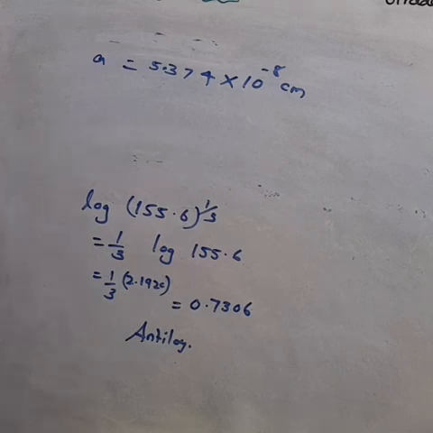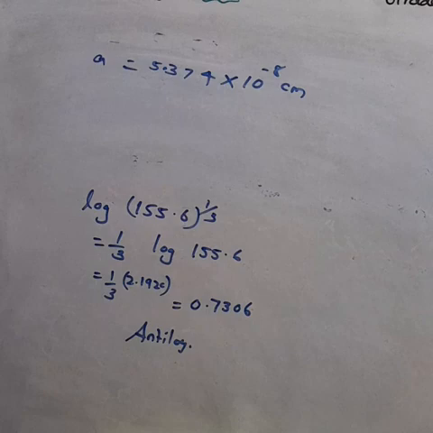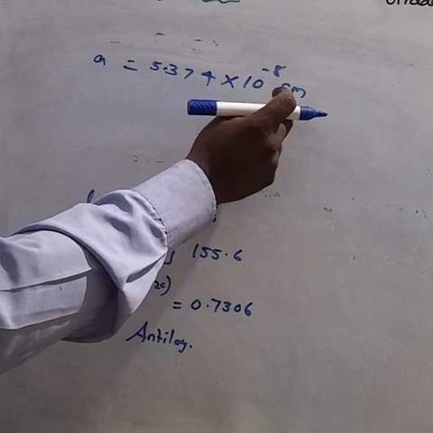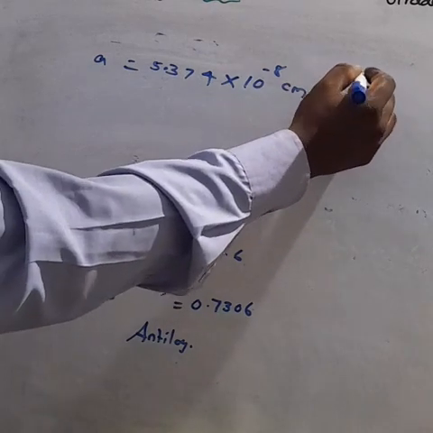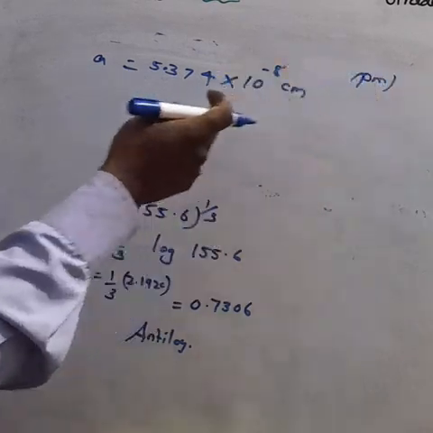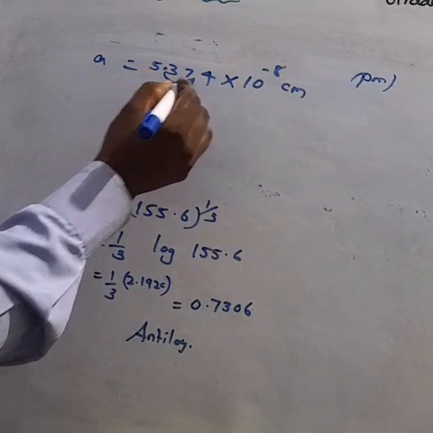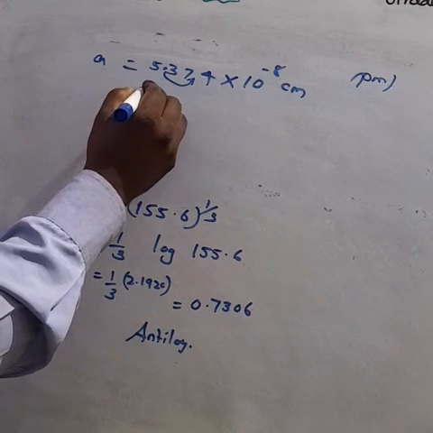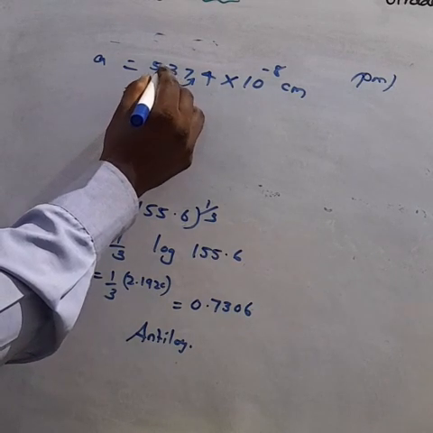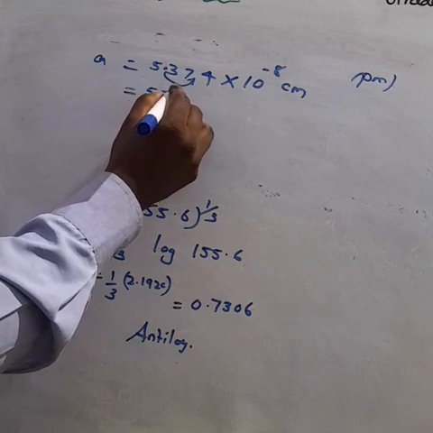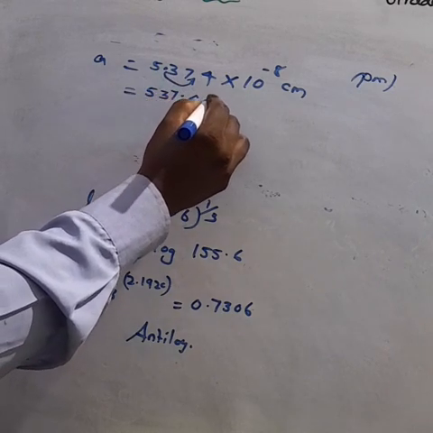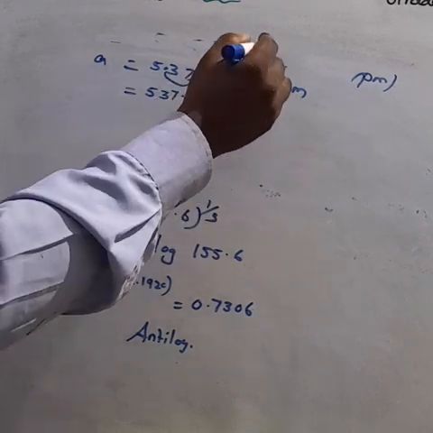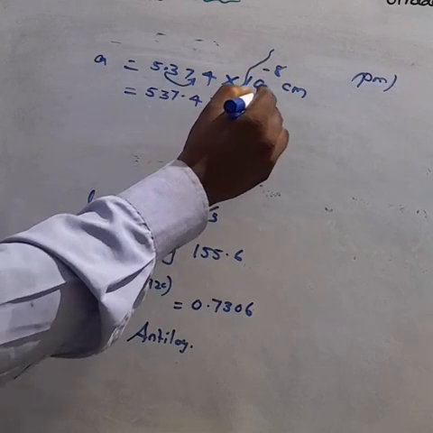We need it in picometer. So I am changing the decimal, moving it two more places. So 537.4 into 10 raised to minus 2, and already having 10 raised to minus 8 centimeter.